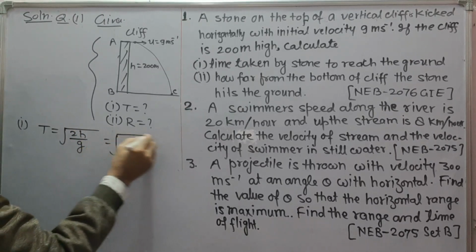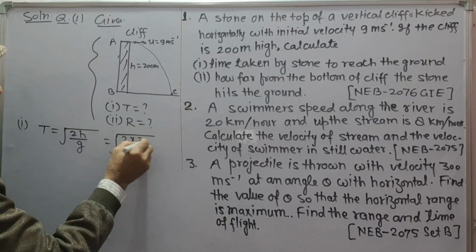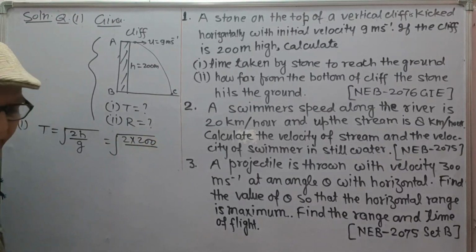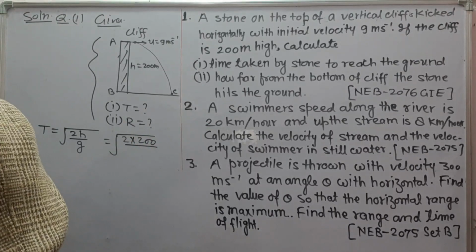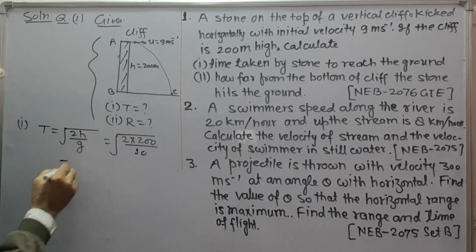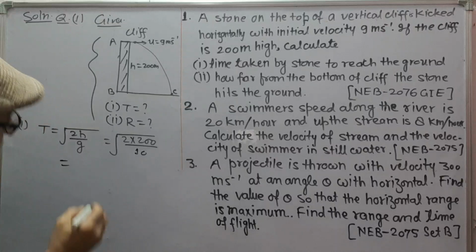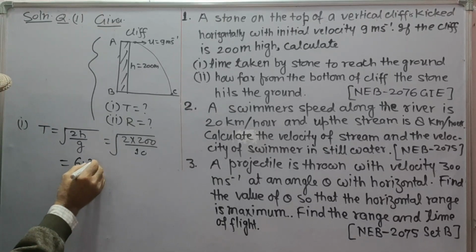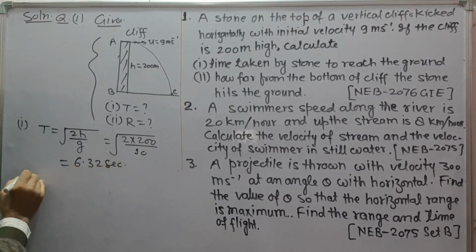So it will be 2 into h is 200, and if we take g as 10, it will give 6.32 second.